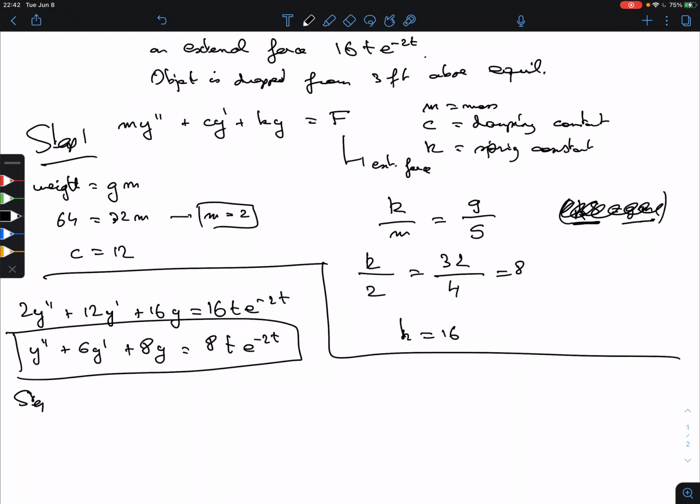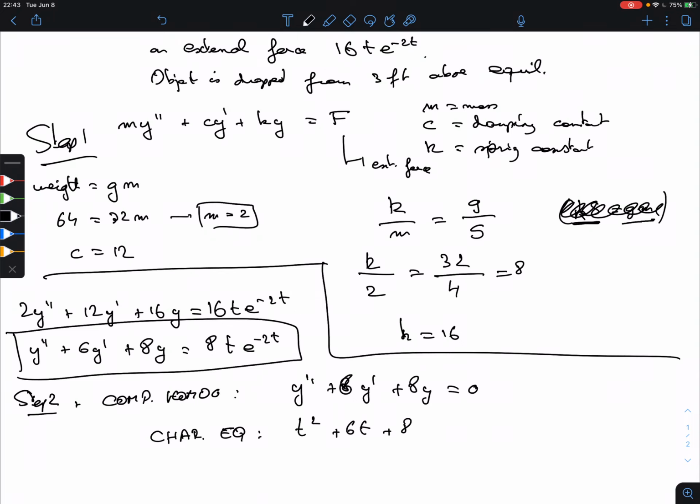Step 2, now we have to look at the complementary homogeneous equation. Okay, we know what to do. That is y double prime plus 6y prime plus 8y equals 0. This is constant coefficient, so we do the characteristic equation: t squared plus 6t plus 8 equals 0.